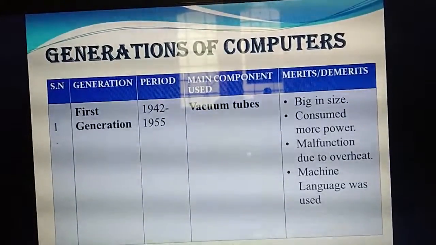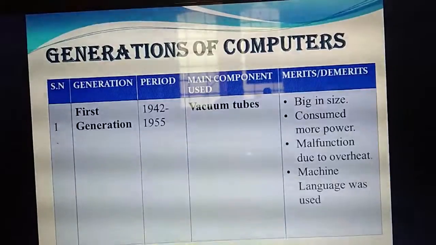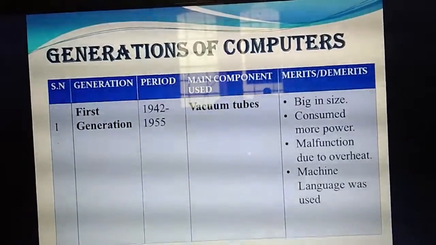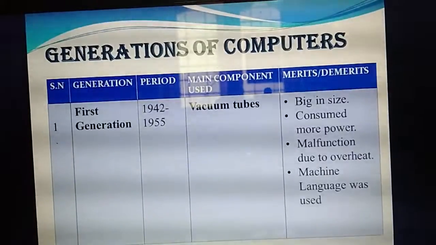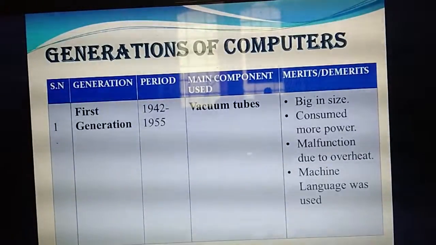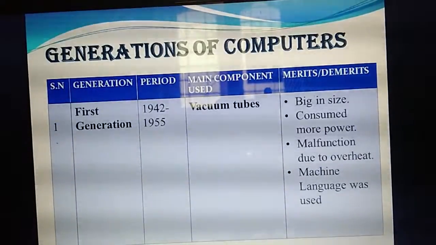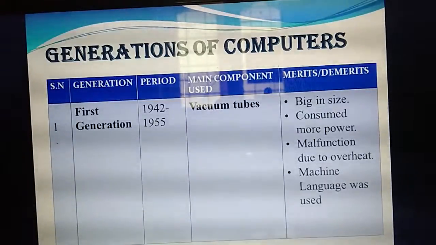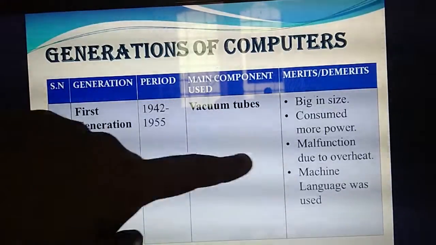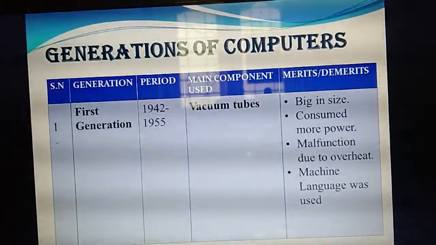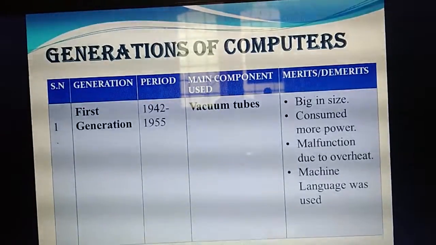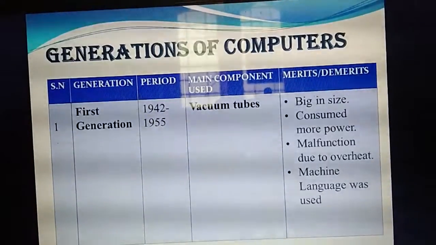That is one of the first disadvantages. Next, it consumes more power compared to other computers; the electricity consumption is very, very high in the first generation. Then the next point is malfunction due to overheating. If you use it continuously, for example, most of you have touch phones, isn't it?